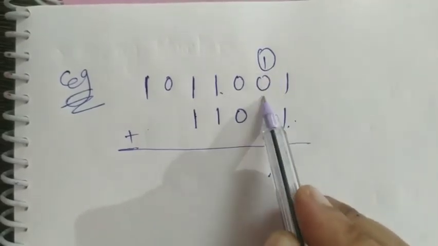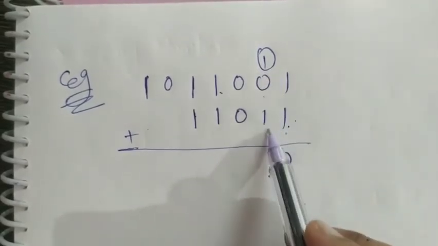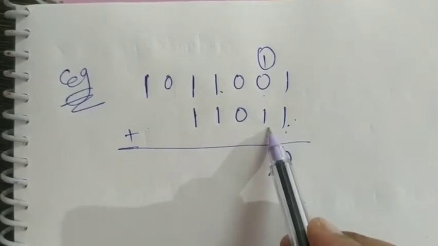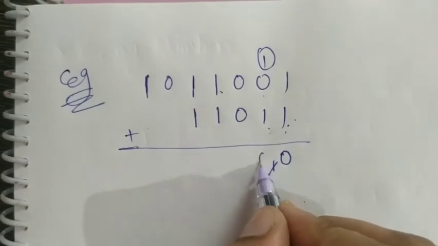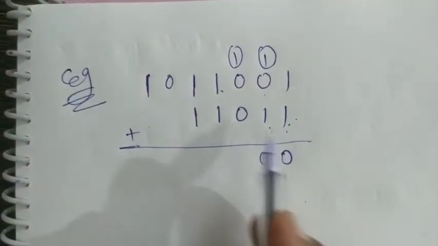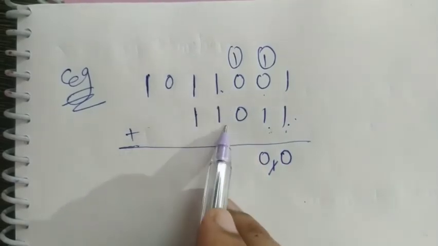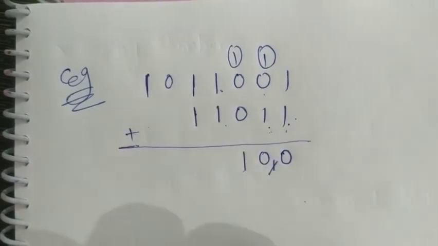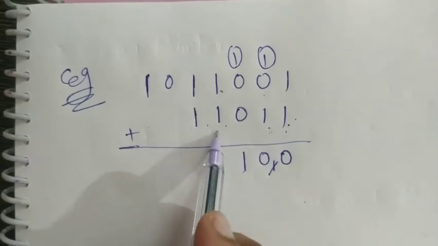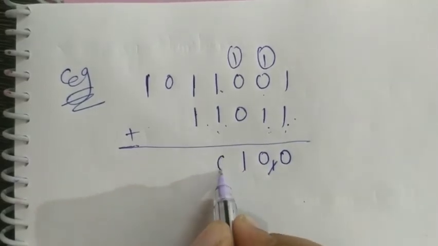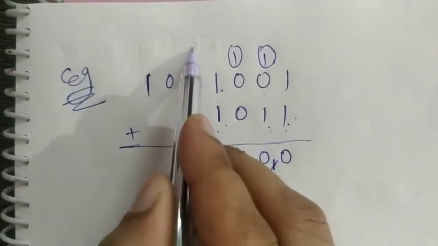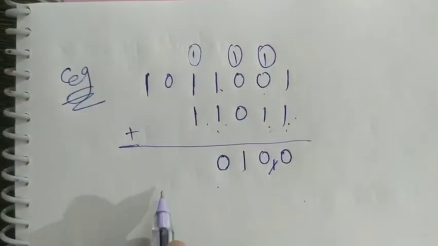1 plus 0 is 1, and again 1 plus 1, that is 2. But in binary we don't have 2, that is 10. So the 0 of the 10 is here and again I will carry forward 1. So 1 plus 0 will be 1. 1 plus 1 is 10, so 0 is here and the 1 will be carried forward.